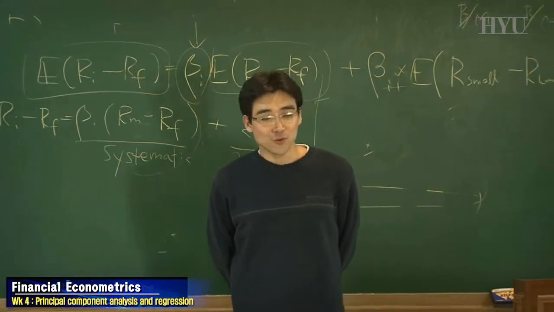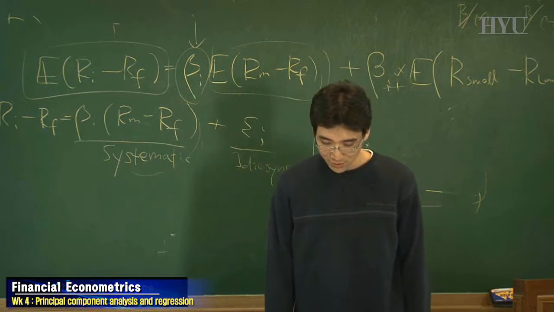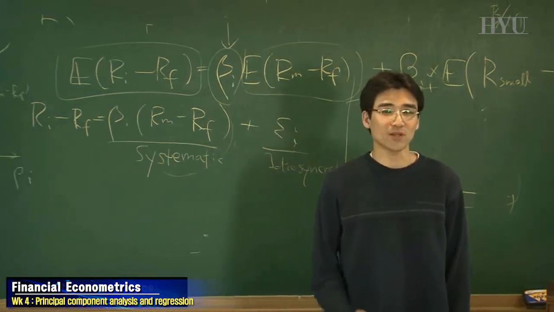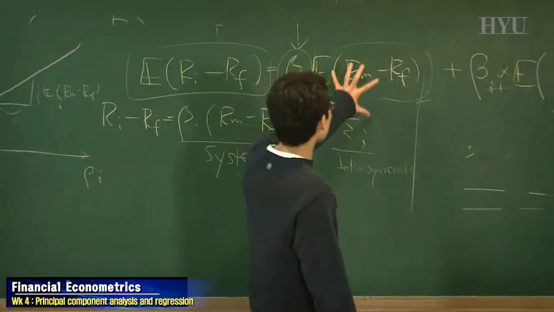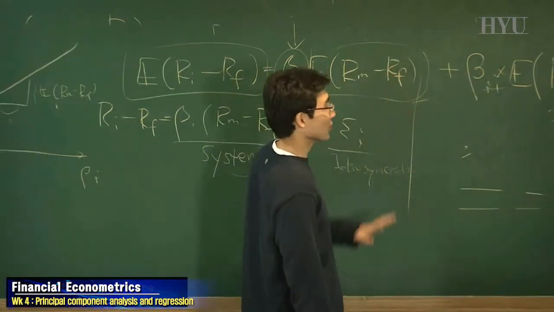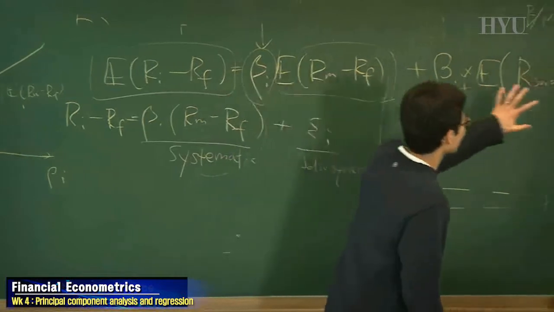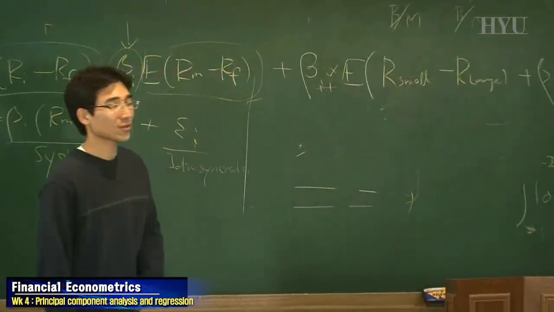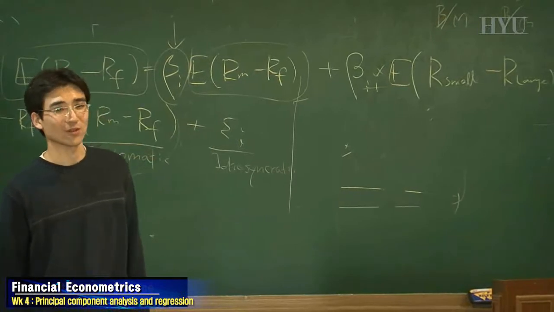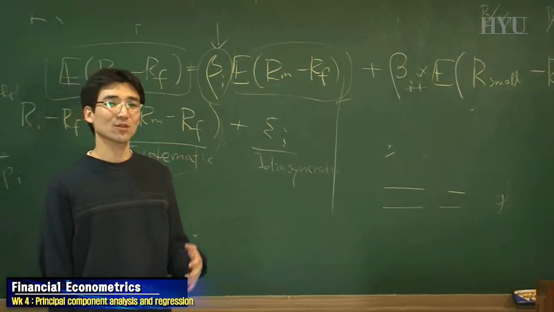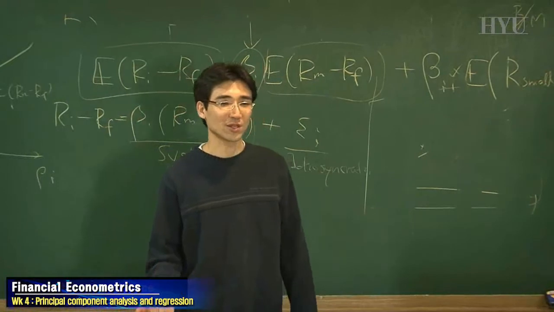For your information, in academia we actually use a 4-factor model, not the 3-factor model. The capital asset pricing model is only this one. Fama-French 3-factor is this one, this one. And in many academic research papers we use 4 factors, and the additional factor is the momentum factor: the excess return of winning stocks over losing stocks.